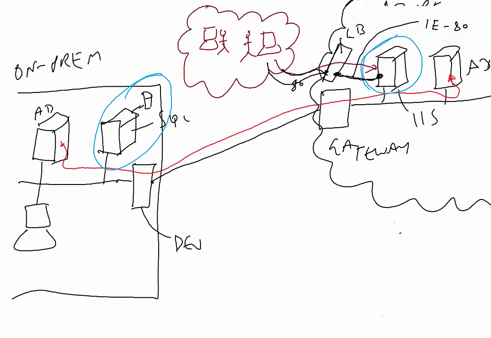Now, the sort of thing that security people worry about is they say, ooh, I don't like the look of this because this guy might be able to go in through this load balancer and maybe go through this router here and through this router here and take control of my Active Directory domain controller or take control of my SQL server. But the way that the load balancer is configured is that the only things that you can connect to through the load balancer are the things that you explicitly connect up.